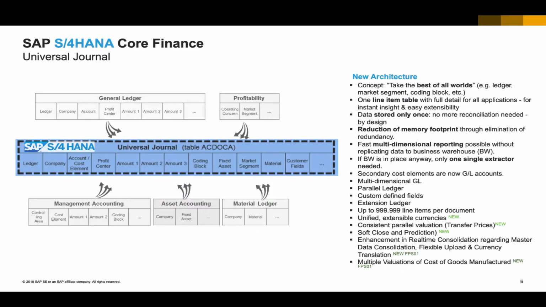So in finance, we have just one financial table holding all kinds of information, the whole general ledger information, the whole COPA, profitability analysis information, the material ledger, the asset accounting blocks, and the whole controlling information for management accounting.